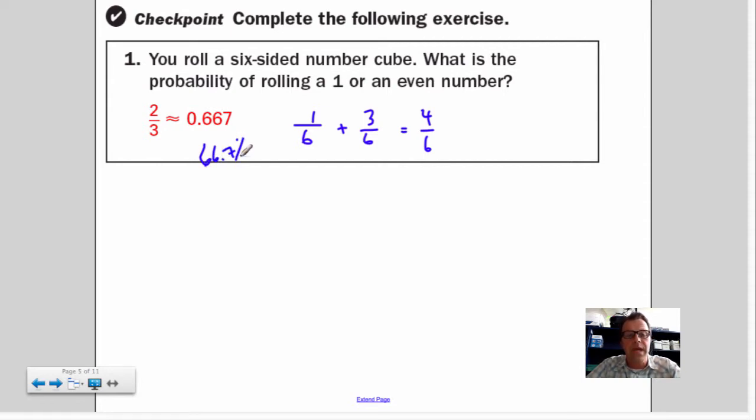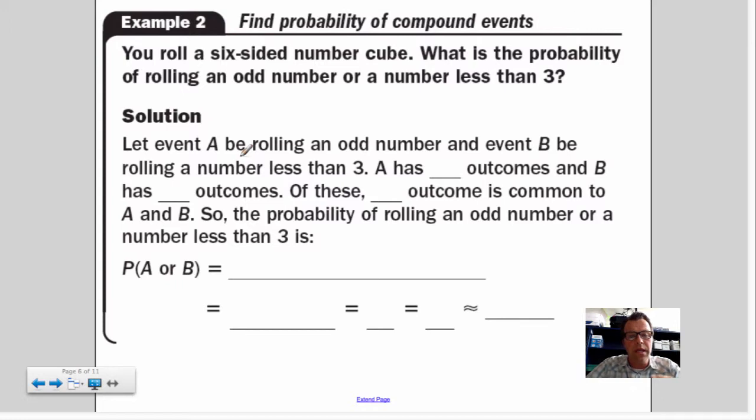Nice. So now we start getting into the overlap, if you will. Here the example is you roll a 6-sided cube. What's the probability of rolling an odd or a number less than 3? So how many odd numbers are there? There are 3 possible outcomes for odds.